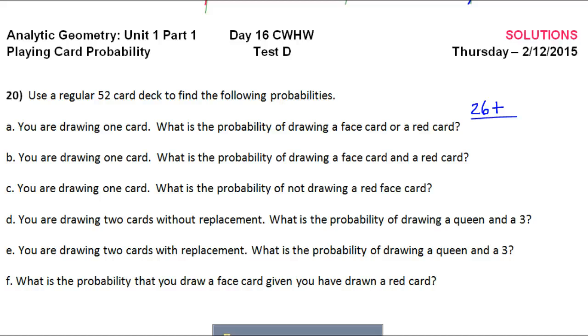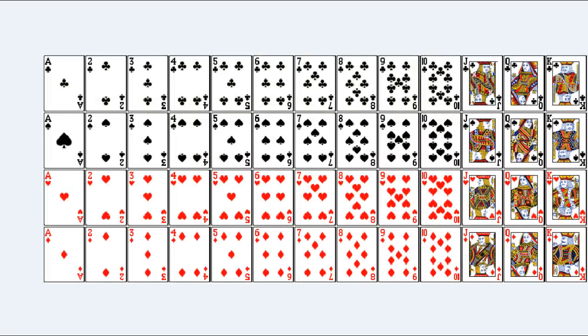The most common mistake that kids will do, they see that there are 12 face cards and there are 26 red cards. So if we're doing face cards or red cards, students will often do 12 plus 26. But can't you see, if you do 12 and then you do 26, you're counting these 6 cards twice. That's no good. You just need to count them once.